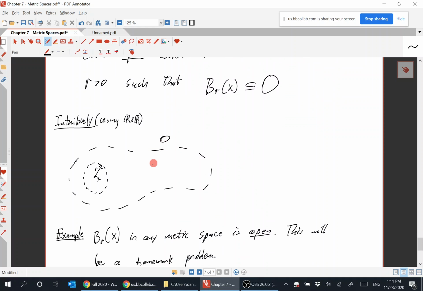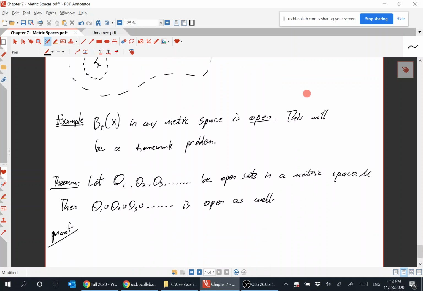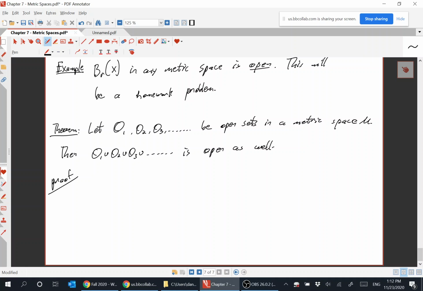The idea is here's O, this circle, and for any x inside there, there's some radius small enough that keeps you inside of O. Now I take the union and ask if it's still open. I have to prove for every x in the set that there's a ball around x that stays within the set.